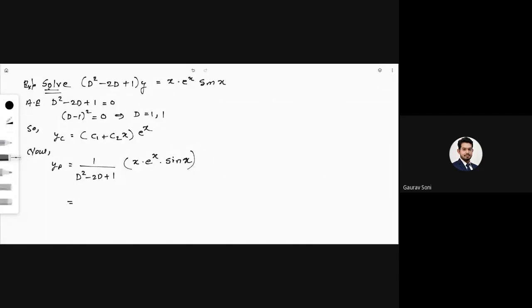Why can't I use the fifth one? Sir, because x is also there in this. Yes, e to the power x is also there. Sir, if it was only e to the power x sin x, we could have used the fifth rule.